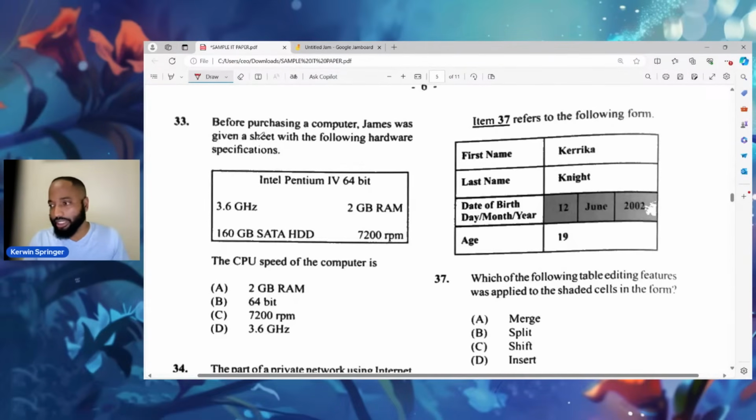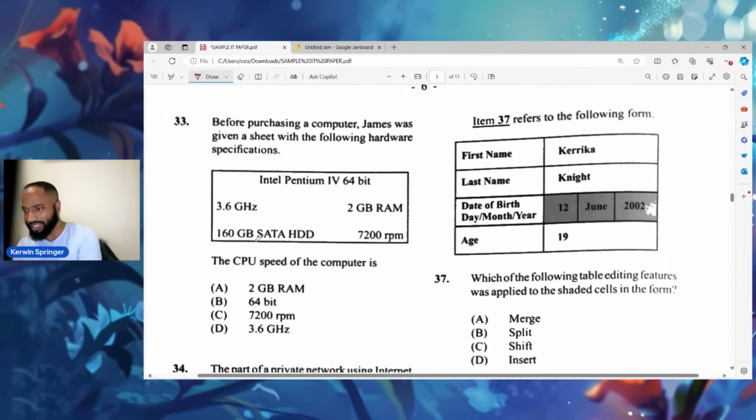33. Before purchasing a computer, James was given a sheet with the following specifications. The CPU speed. Computer fraud is an umbrella term. Okay, fine. The CPU speed of the computer is, what's the CPU speed? What's that, 7200 RPM?